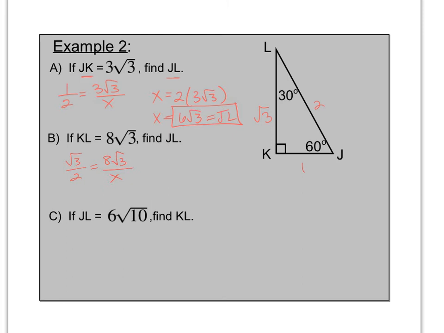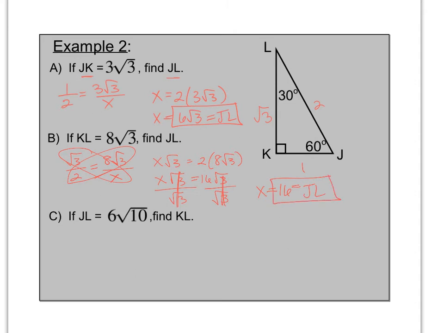So you're going to get x times root 3 equals 2 times 8 root 3. So x root 3 equals 16 root 3. Divide by root 3. I like what happens here. They cancel on the left, they cancel on the right. X is 16, so JL is 16.